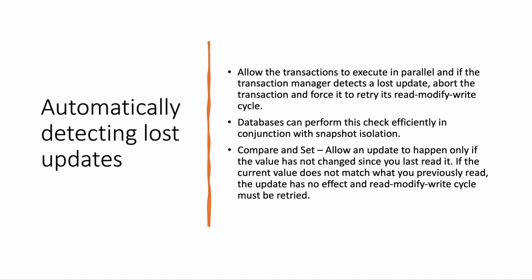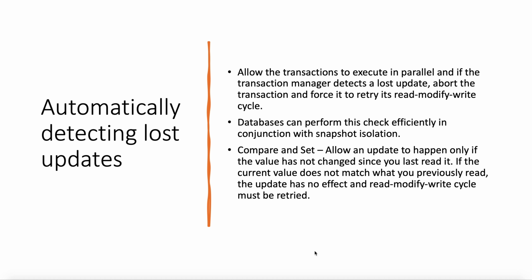Now let's see how we can automatically detect a lost update problem. Atomic operations and locks prevent lost updates by forcing the read-modify-write cycle to happen sequentially for concurrently running transactions. An alternative is to allow the transactions to execute in parallel, and if the transaction manager detects a lost update, it will abort that transaction and force it to retry its read-modify-write cycle.